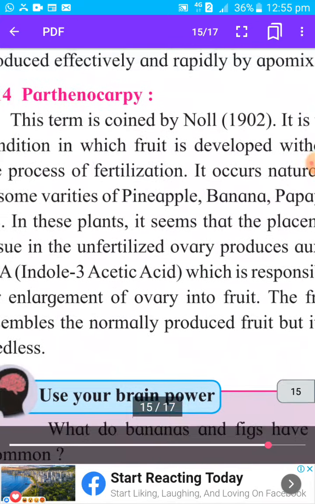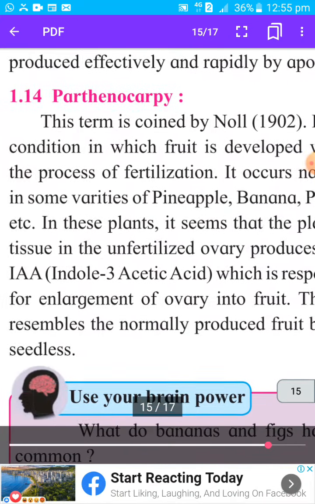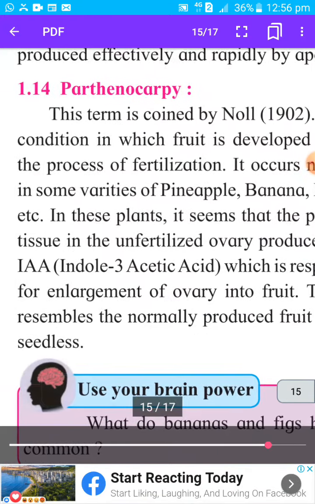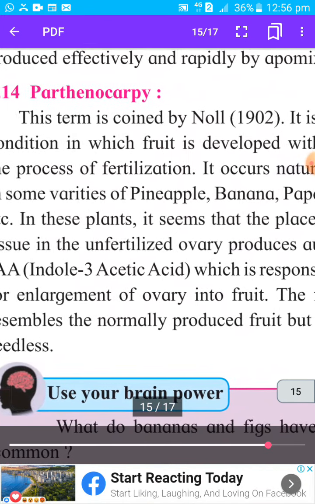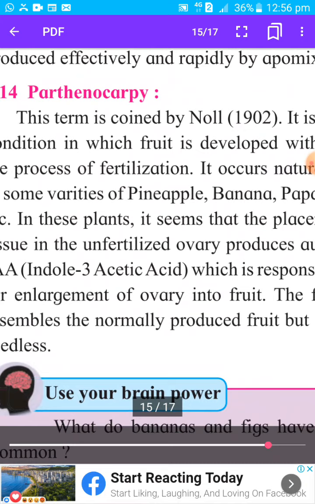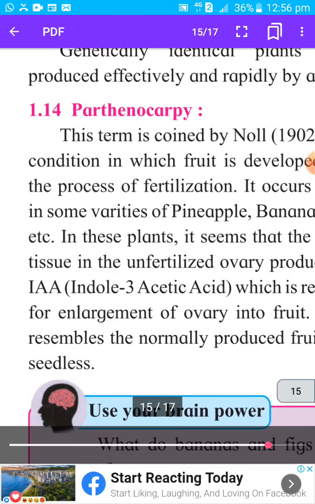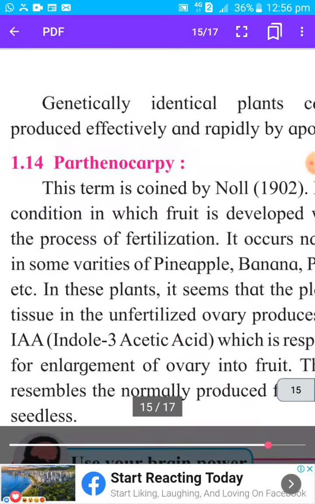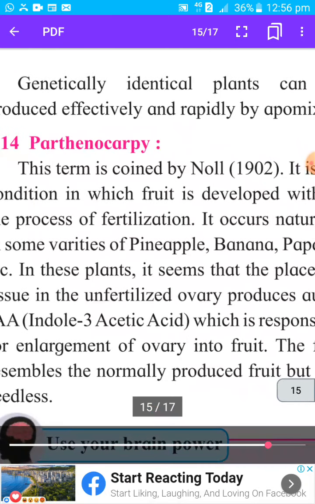Then parthenocarpy. In parthenocarpy, the fruit is developed without the process of fertilization, means fertilization does not take place. So the zygote will not form. If the zygote is not there, the embryo is not there. If the embryo is not there, seeds are absent. So parthenocarpy means there is development of fruit without formation of seeds. Why are seeds absent?